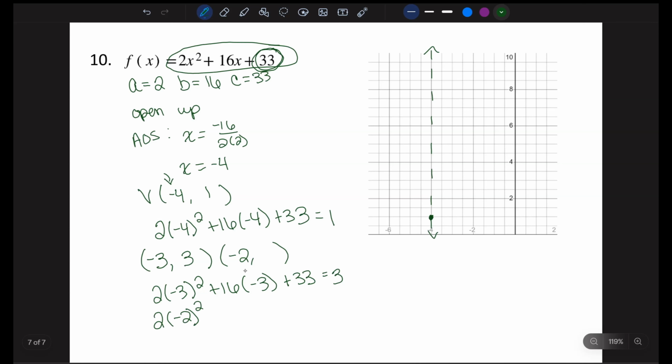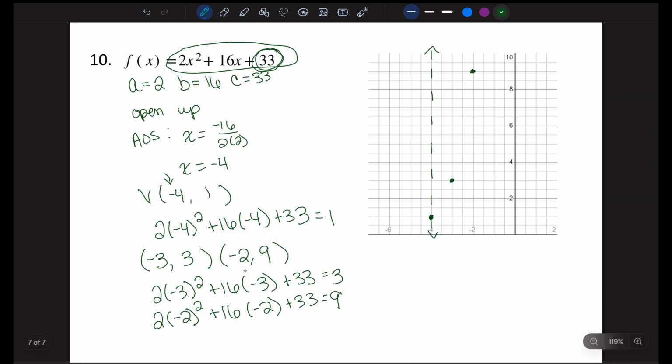So 2 times negative 2 squared plus 16 times negative 2 plus 33, and that gives me a y value of 9. So when I plot those, I have negative 3, 3. Oh, I went the opposite direction. Negative 3, 3. And negative 2, 9.